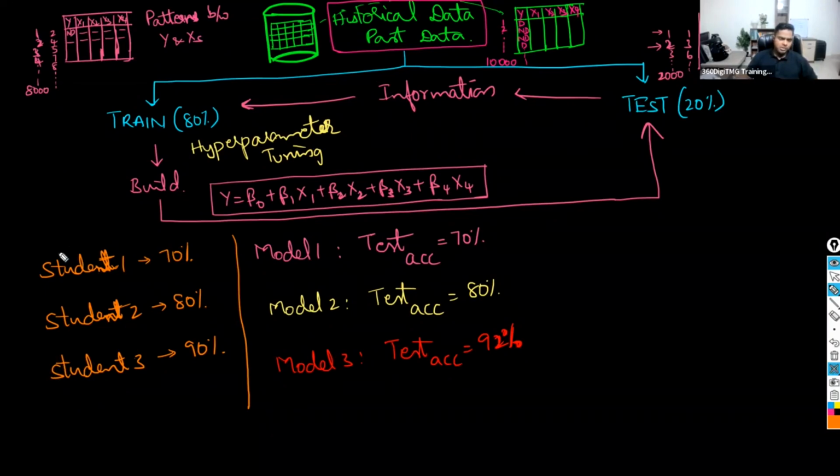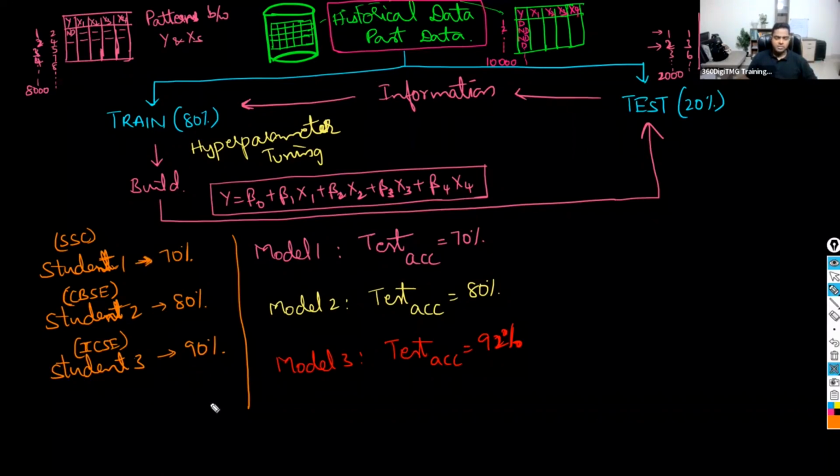Can I put it this way: student 1 studied for the exam on the state syllabus. Student 2 had the CBSE syllabus, and student 3 had the ICSE International Cambridge syllabus. All 3 of them have studied on a different syllabus, and they would probably have different exam patterns.